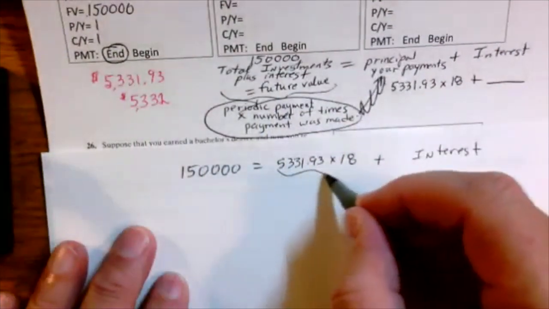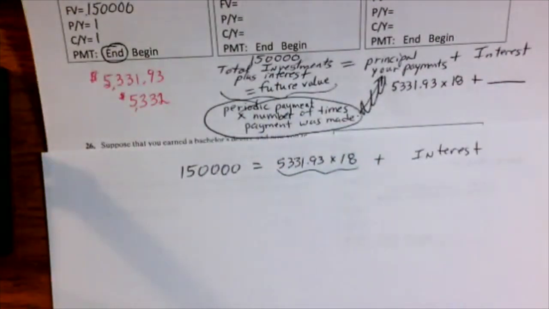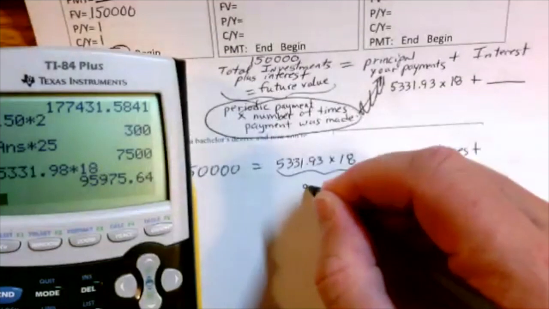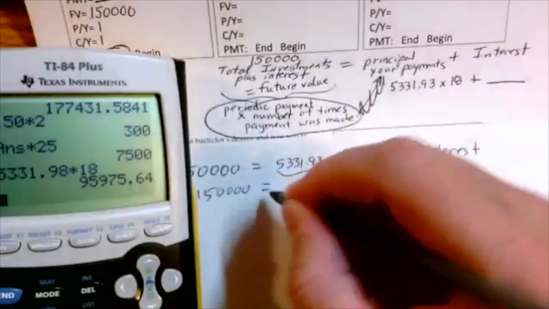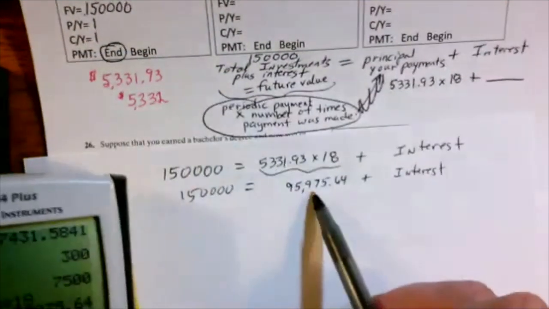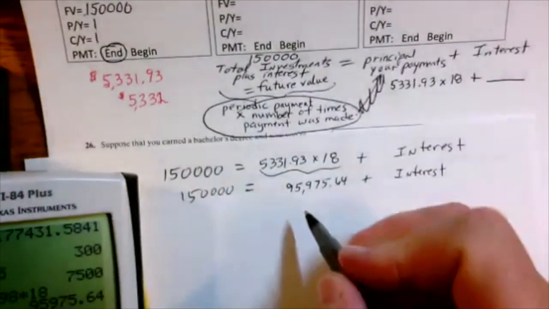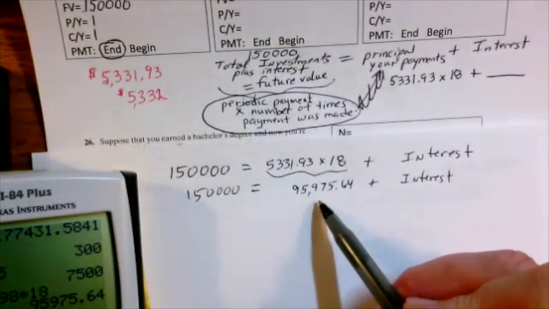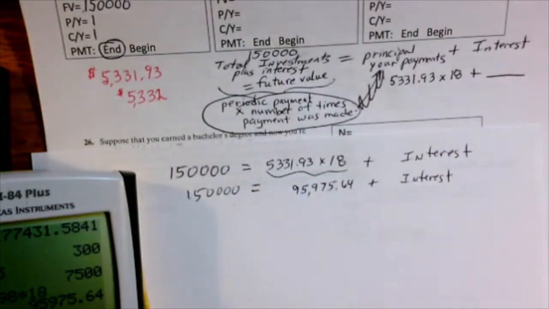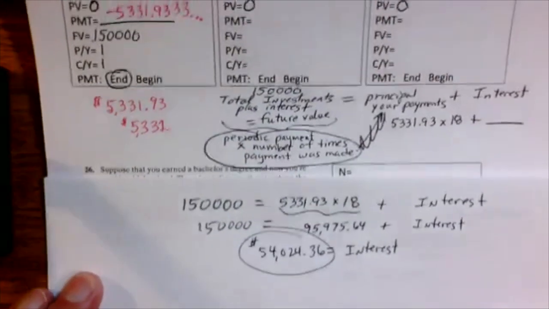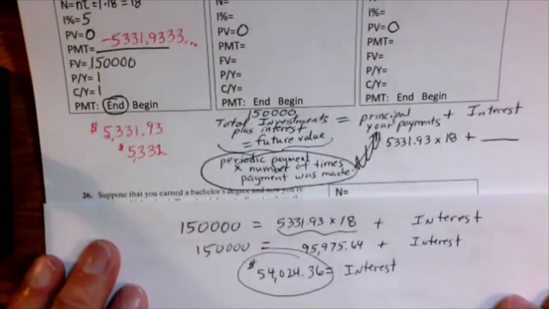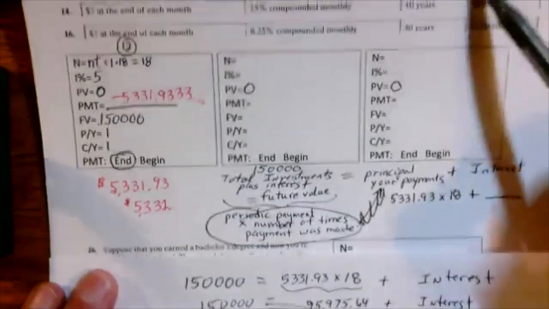And so we can figure this amount out and then subtract it from both sides, and we get 95,975.64. And so if you subtract the 95,000 from both sides, 150 minus the 95,000, that's going to give you the interest.